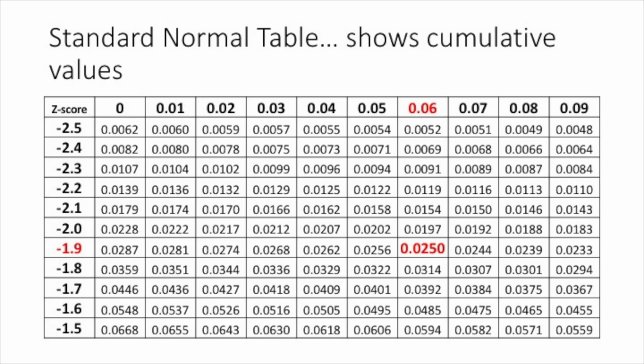Now, if you're looking for some extra practice, you can also look for the z-score that corresponds with the lower 2.5% of the distribution. Here, if you look at the standard normal table, you find minus 2.5, minus 2.4, minus 2.3, etc. in that first column. Now we can actually look directly for the 2.5% because it's a cumulative value. And sure enough, you find that 2.5% of the distribution corresponds with a z-score of minus 1.96.